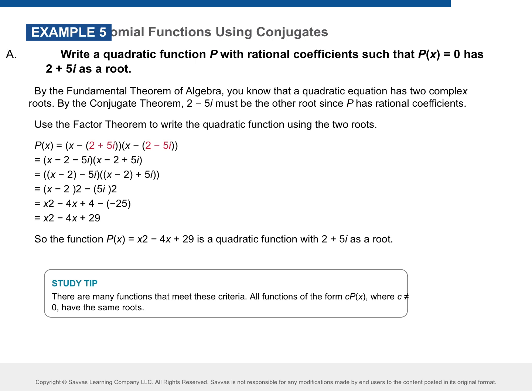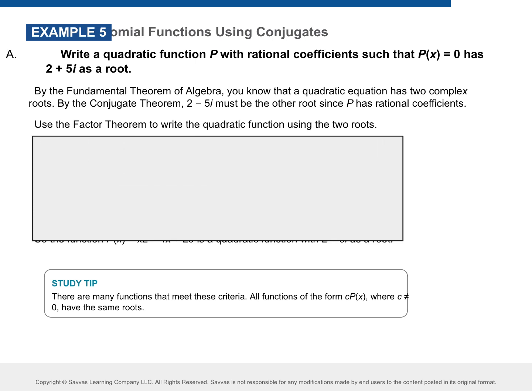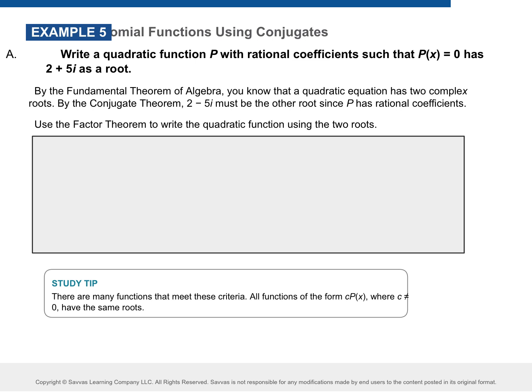Okay, in example 5, I want to talk about this one first. Remember the term conjugate. I had you do an example on that. So if I had 2 plus 5i as a root, we can say the conjugate of that is also a root.